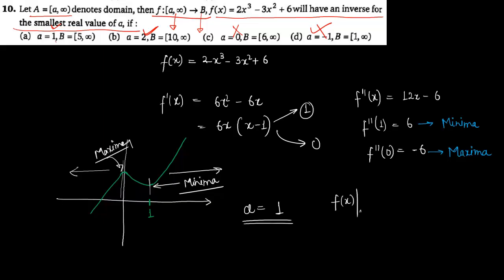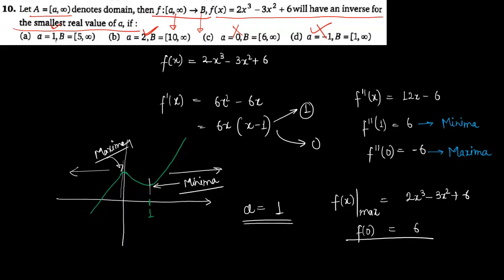After that we can check the maximum value of f(x). It will be 2x cubed minus 3x squared plus 6. Since we know that the maxima is at 0, we put 0 here. This gives us 6.